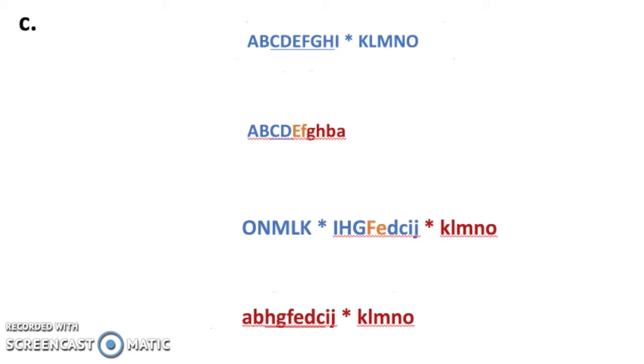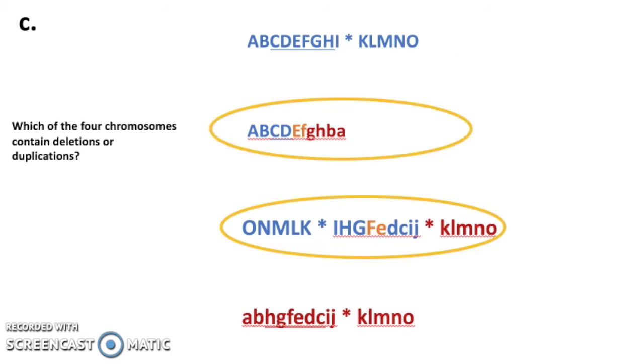So part C asks, which of the 4 chromosomes contains deletions or duplications? And that would be these middle 2. Sometimes you can have chromosomes that have deletions or duplications and you can still have a viable offspring. It's just a lot less likely, which you've gone over some of those cases in the material for week 8.